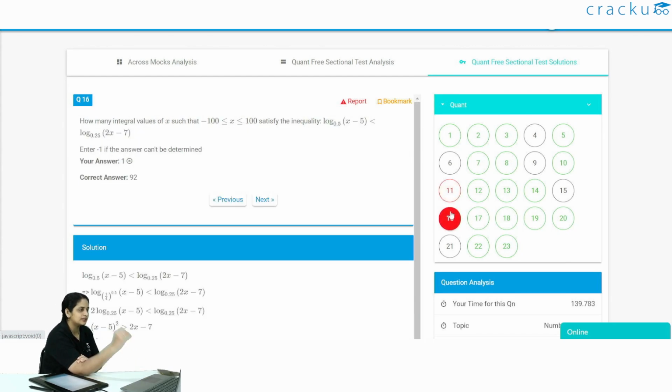The second mistake was in this inequality. I think time pressure had begun to show, where I just solved for equality, and showed that those two values are equal at x equal to, I think, 7 or so. So where is that question? Where did that go?